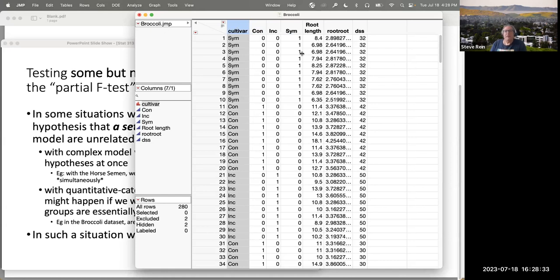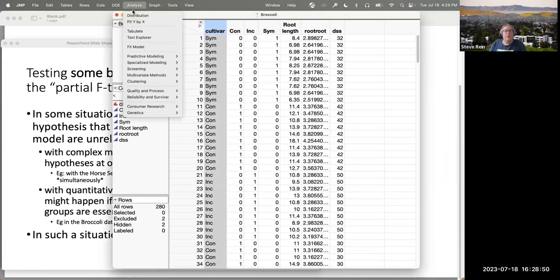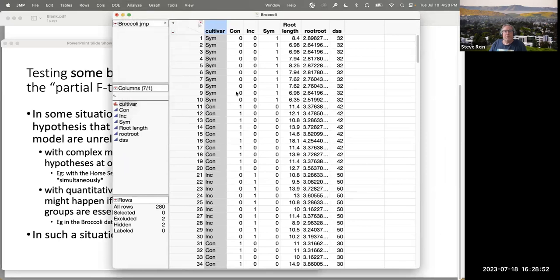Okay, so let's get back into the analysis that we had just fit and see that there are two that look perhaps similar. I'm going to go ahead and fit this analysis all over again. So, fit model here.